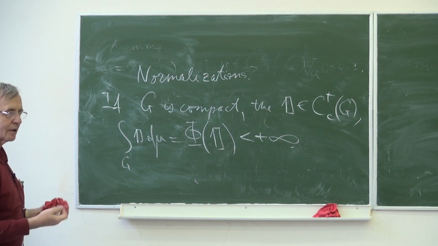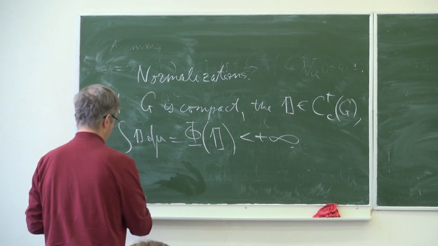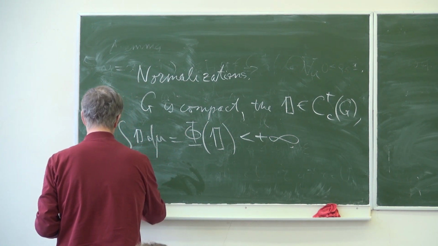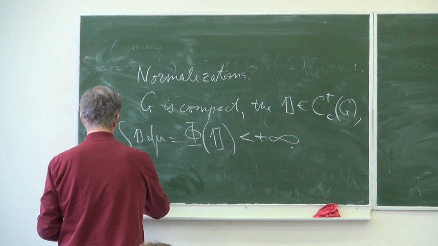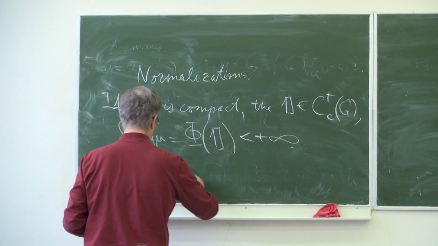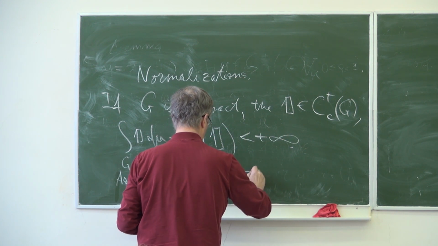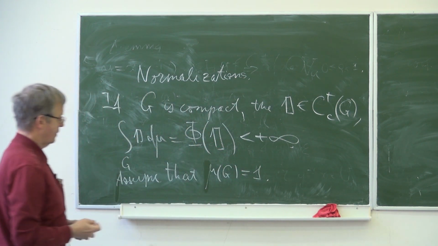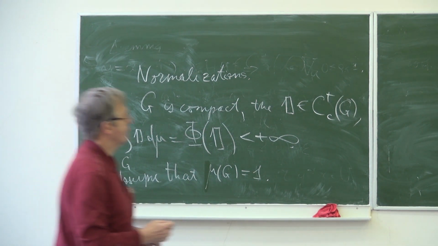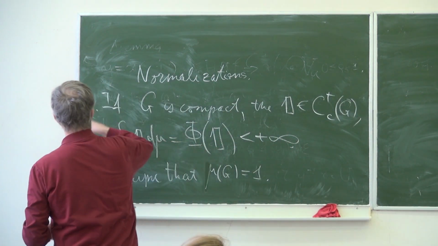Then our left invariant Haar measure is finite. And it is natural to normalize it so that it becomes a probability measure. So we assume, normally it is assumed that this measure is equal to 1. So this is the first case.